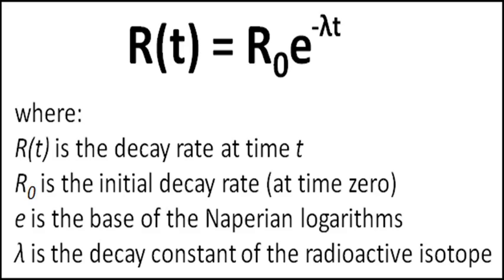So R of t gives you the rate of decay, that is activity at a particular time t, and R0 is the initial activity.